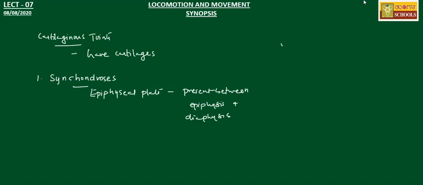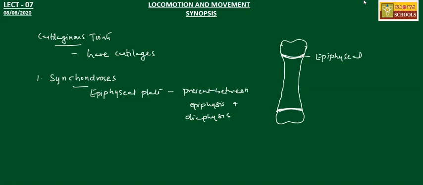When we see the bone, especially the long bones, there will be a region of differentiation. This epiphyseal plate is the one that actually helps in growth. When the person is growing, you will see a clear mark, that's called the epiphyseal plate. Once the growth stops, it gets completely fused and you may not see much difference between the epiphysis and diaphysis.